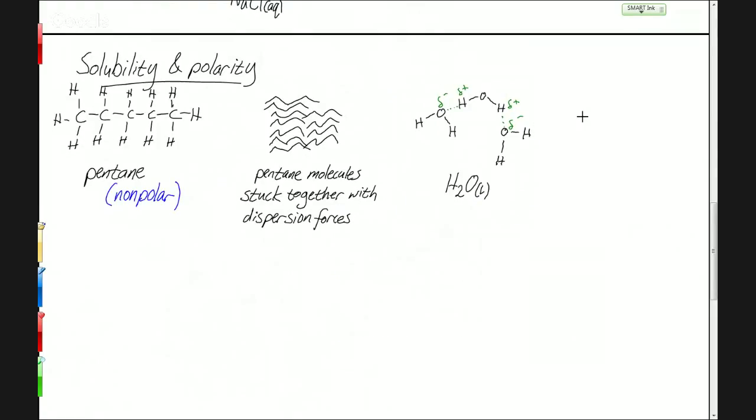So water has these polar hydrogen bonding forces. Pentane has these nonpolar dispersion forces, which means that they can't really mix together. One can't dissolve in the other because they can't break apart each other's forces. They have different kinds of forces.